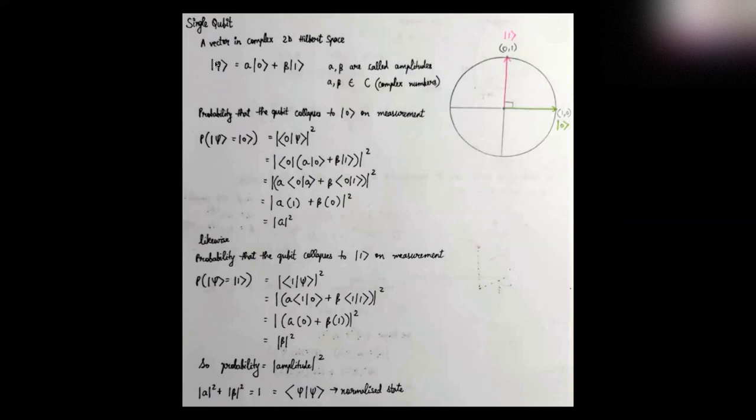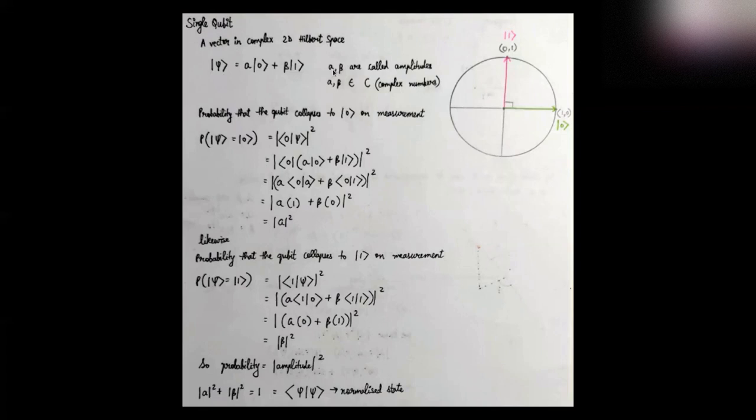And any qubit can be represented by this equation, which is called psi-ket, which is some proportion alpha of the 0 state and some proportion beta of the 1 state, and the linear combination gives us the state vector.